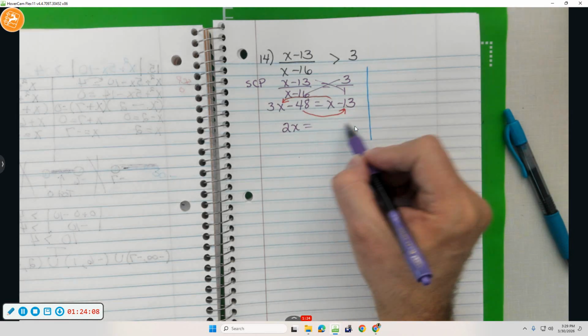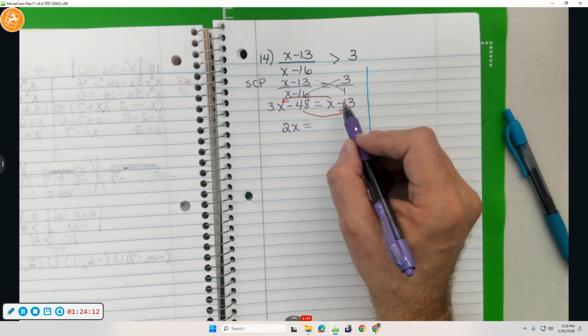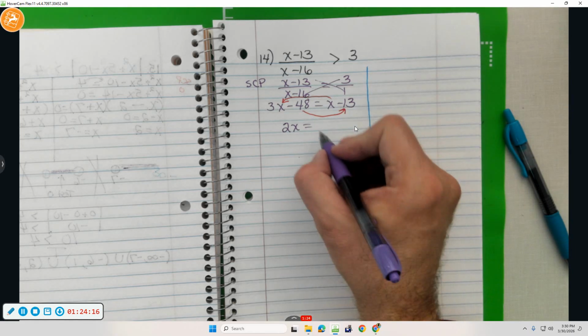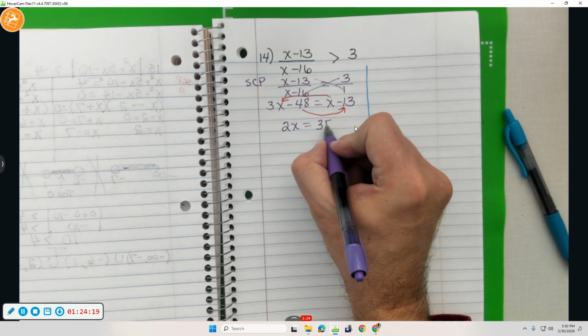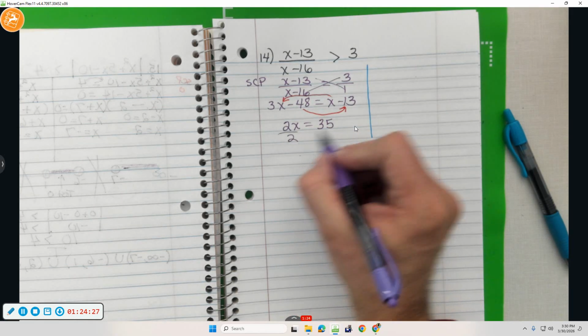And what are we going to have on the right? I'm adding 48. So 48 minus 13 is 35. One thing left to do, which is what? Divide by 2.